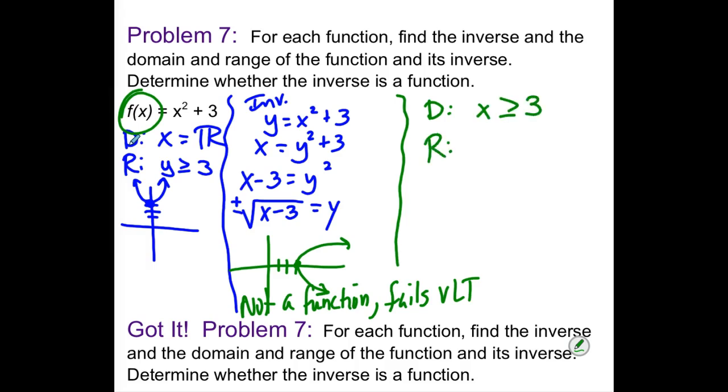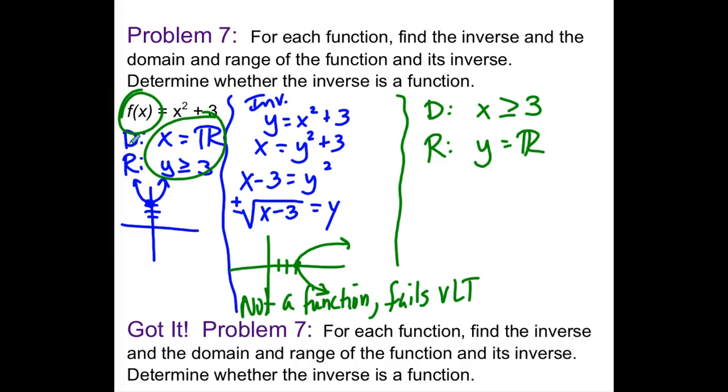Okay, and range? Right? I'm just going to flip-flop these two. Anytime you do the inverse, your domain and range of the original flip-flop. So a lot of times it's easier to figure out the domain and range of the original than to try to analyze your inverse one. All right, unless you have a graph. If you have a graph of it, it's not so bad.